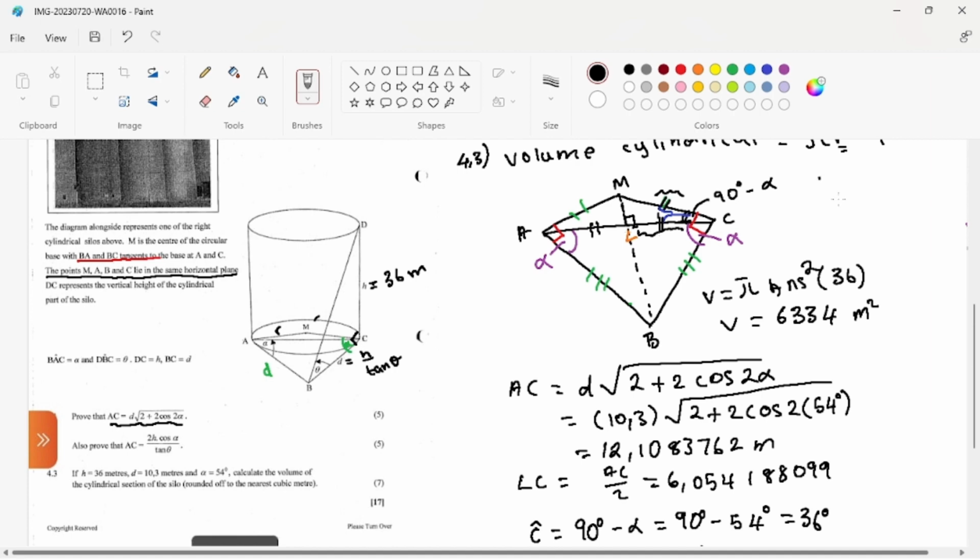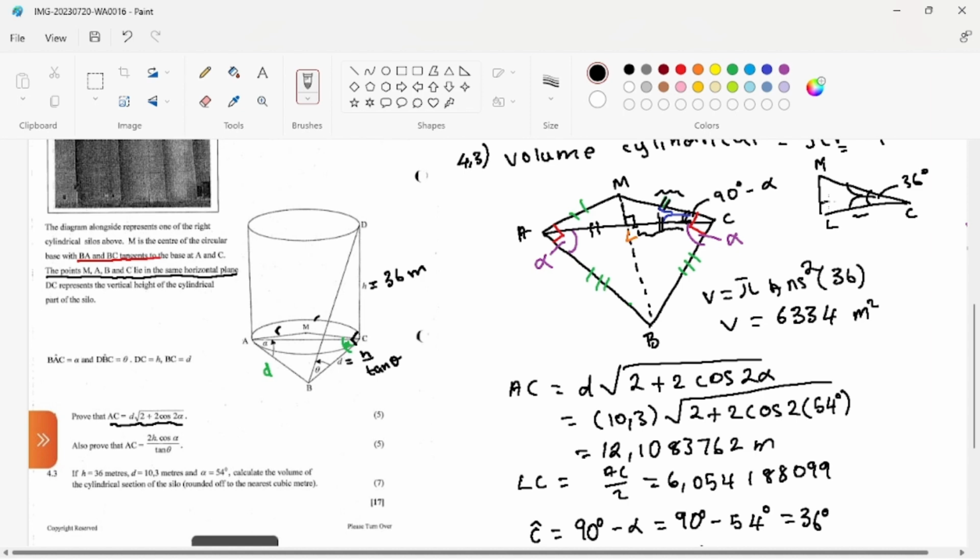It's the same as having just a triangle like this. This is LC, this is M, and we have this angle, which is 36. So I said adjacent over hypotenuse.